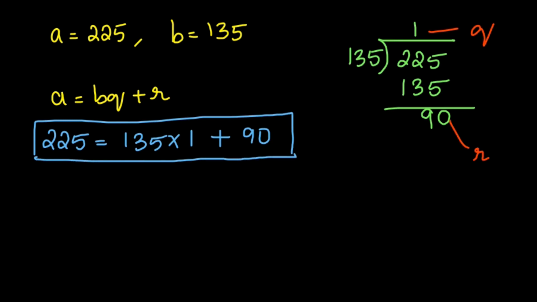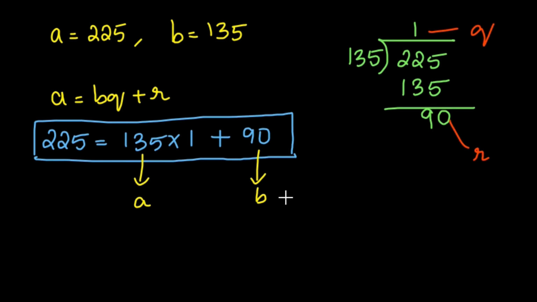Next step, we need to take this number as A and this number as B and follow the same step like this.